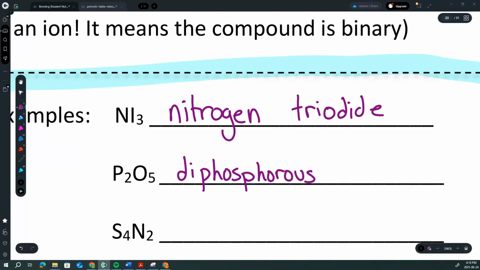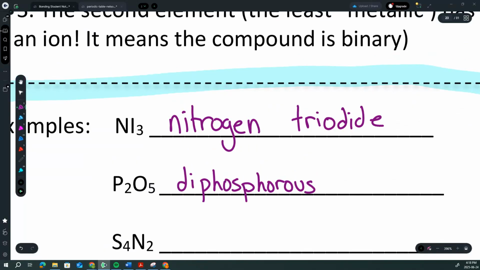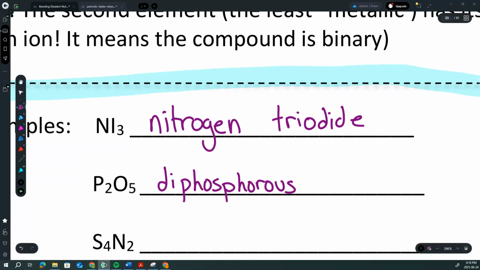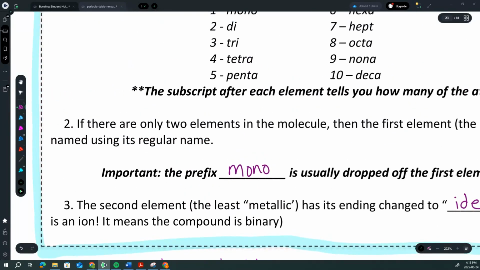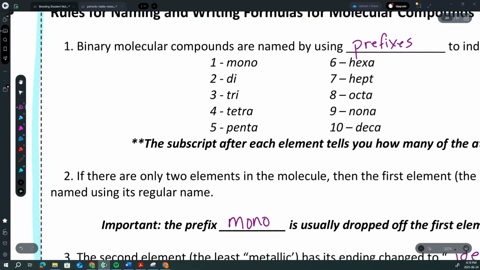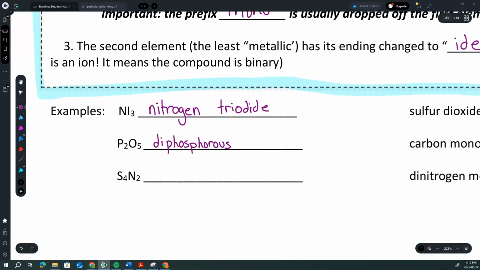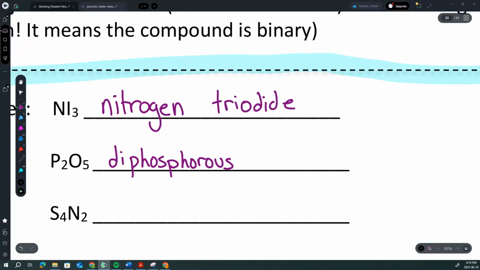Just a note here, if the prefix is mono on the first element, you don't write it, but any other prefix for the first element in a molecular compound, you will write the prefix. Since we have five oxygens, the prefix that means five is penta, so I'm going to write pentaoxide or pentoxide.